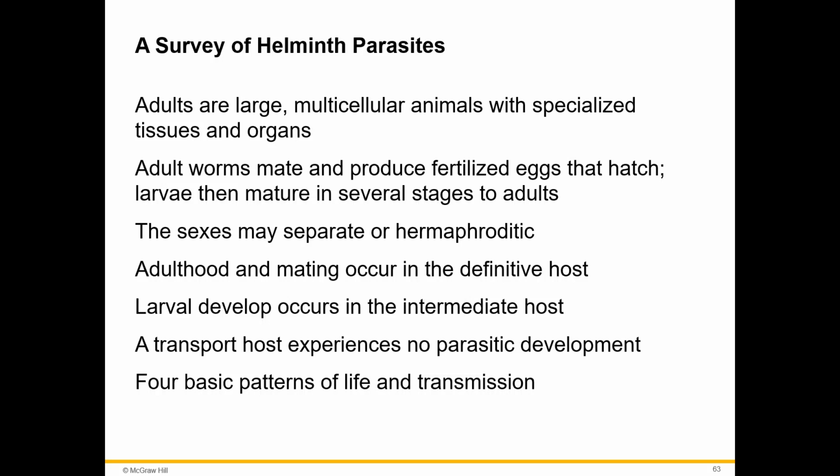Then the larval development can occur in the intermediate host, okay? But in a transport host, there isn't any kind of development going on. Basically they have 4 different types of life cycles and transmissions.